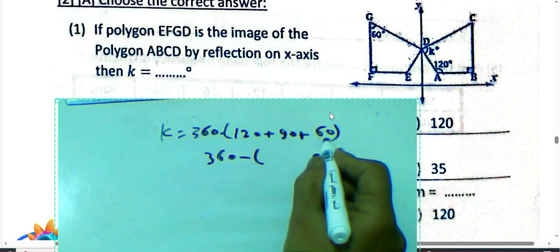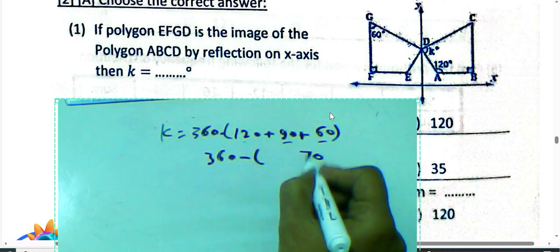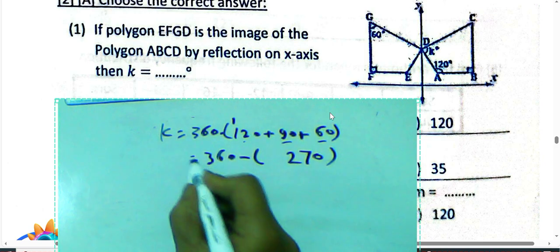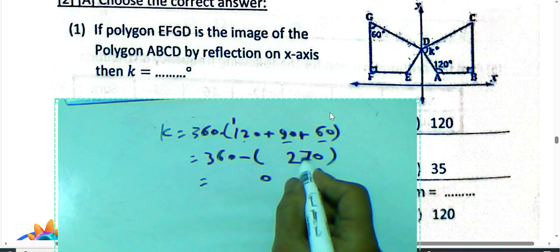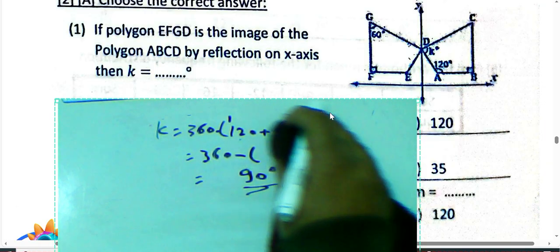Right, 360 subtract 270: 0 here, 6 plus 9 is 15 plus 2 is 17, 7, carry 1, and then find the difference. 16 minus 7 equal 9. Then the result will be 90 degrees. The measure of angle K equal 90 degrees. Next question.